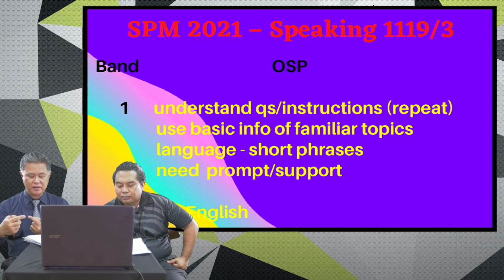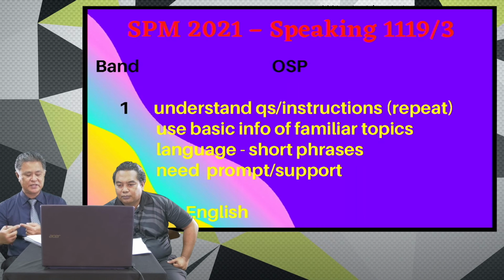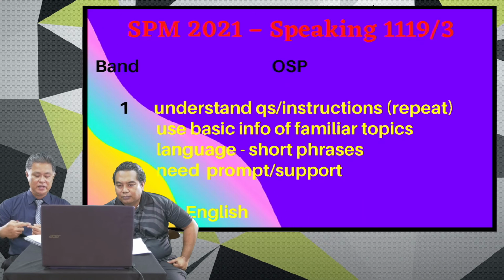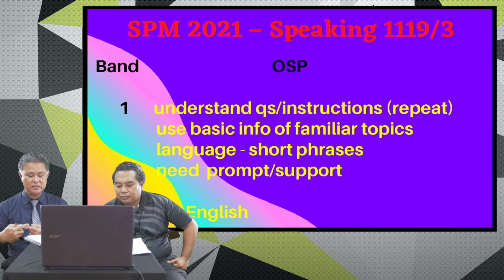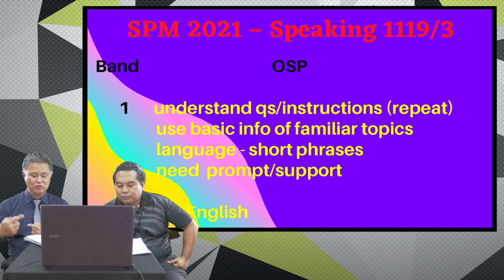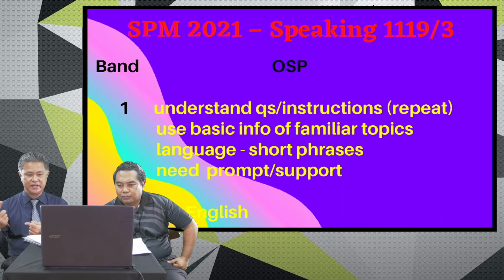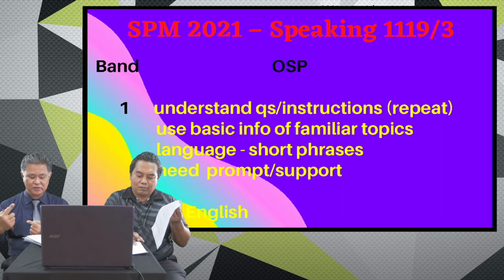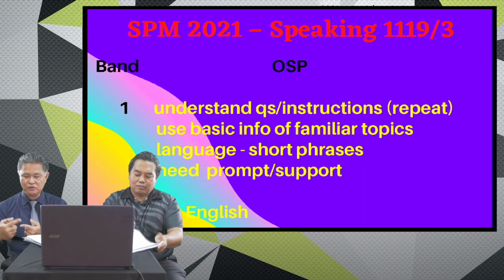And they badly need prompts and support to continue with the conversation, the interaction. So the keywords for band 1 students are questions and instructions but need repetition. They produce only short phrases.